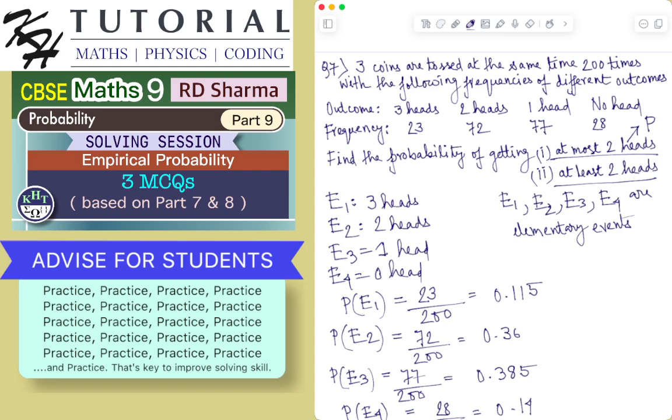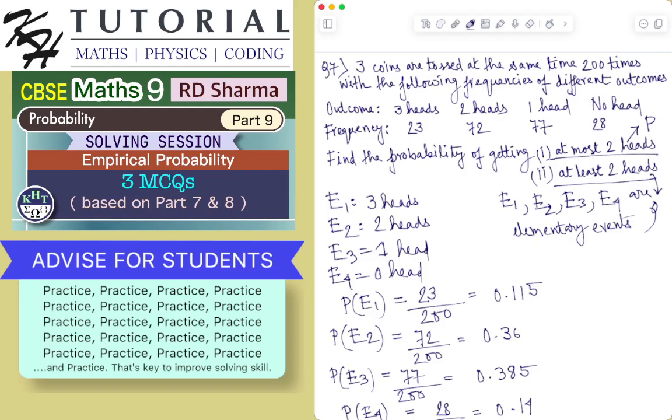So I'm calling that event P, and this event I'm calling Q, at least 2 heads. At least 2 heads means, if I toss 3 coins, that it can have 2 heads or 3 heads.